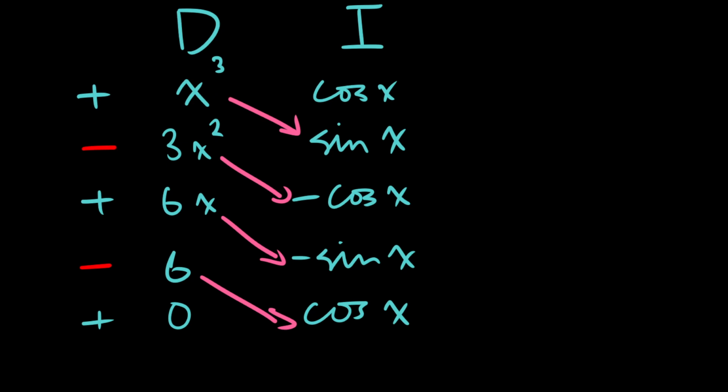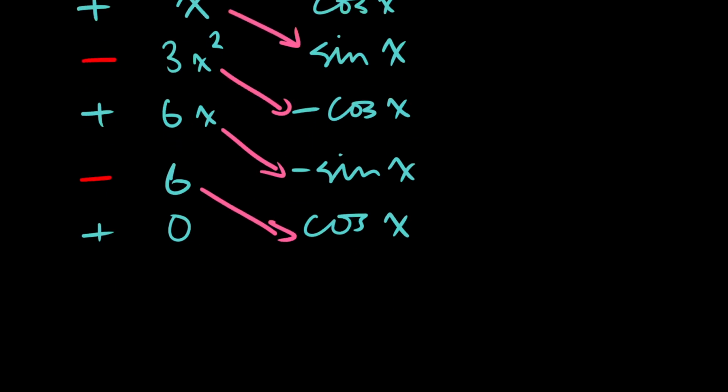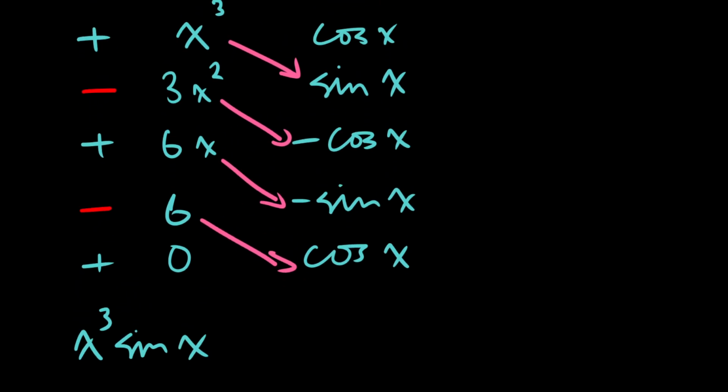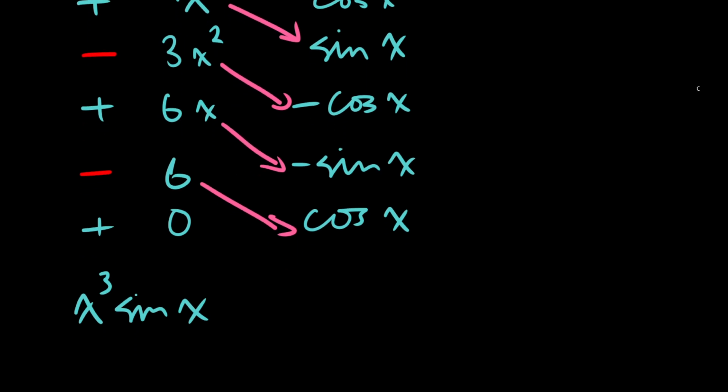Then, the answer to this integral is going to be positive x cubed times sine x. So I'm going to write this down here. x cubed sine x. And then minus 3x squared times negative cosine x, which makes it a positive.